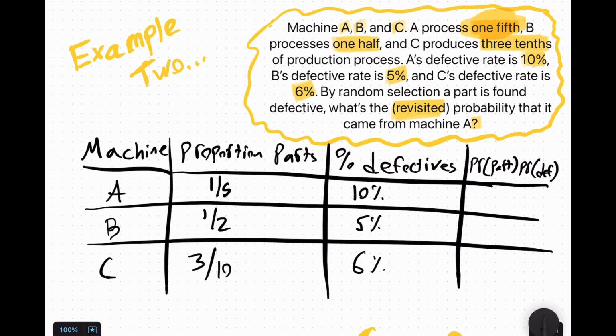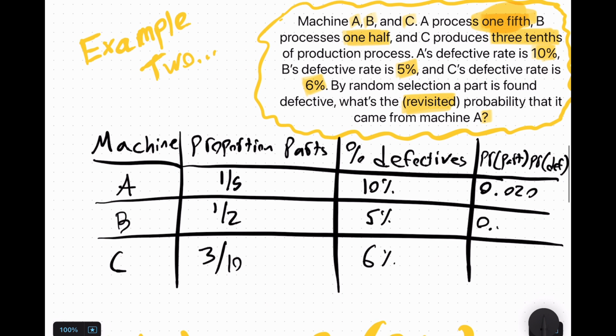That's just given. So now we just multiply the probability of the part and the probability of being defective. So we'll get 0.020 for A, 0.025 for B, and 0.018 for C.